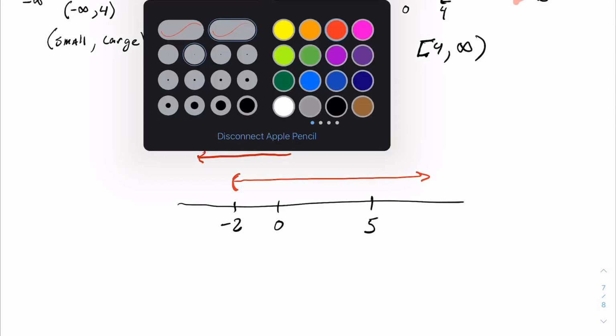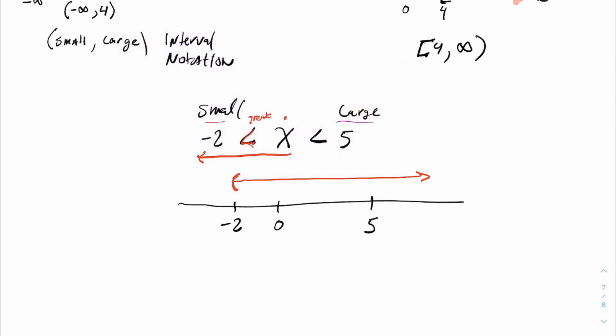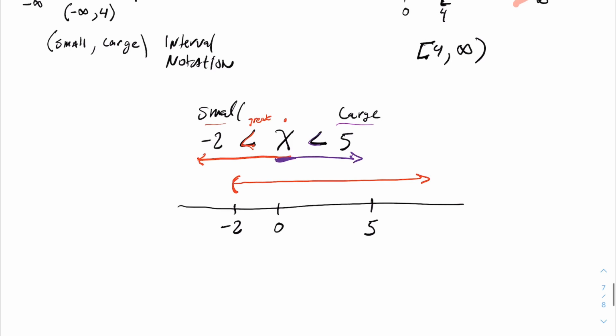Then we do it again from the inside out, starting right here with x. This one's a little more conventional because the x is on the left-hand side. Shade the x values that are less than 5. Well, here's 5, less than is definitely to the left. And it says less than, not equal to, so this has to be open.